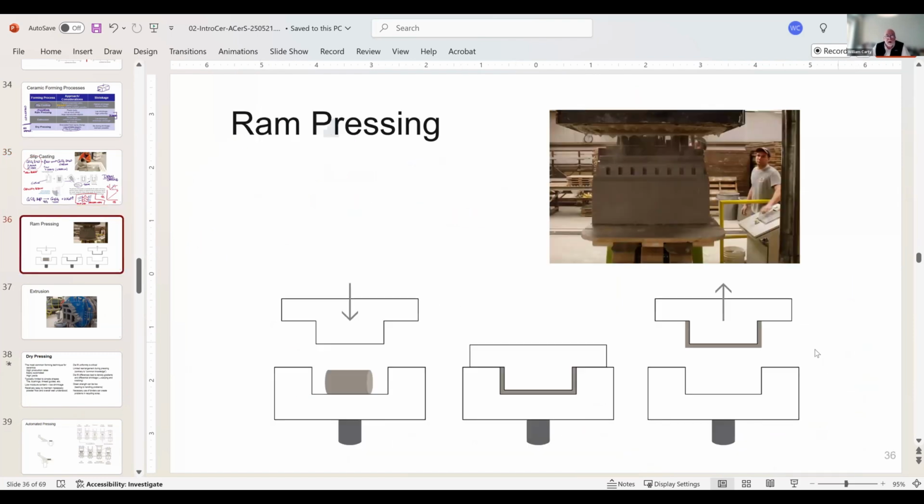Ram pressing. Again, this is a gypsum mold, but it's special. This gypsum mold has reinforcement in it, which I'm just going to draw here as a crosshatch, and then it has a series of tubes that go through the system and come out to a fitting, and then this goes to a hose, to a compressor.